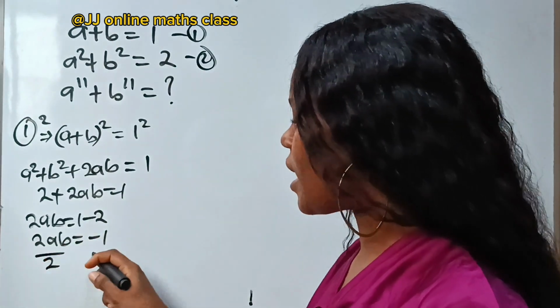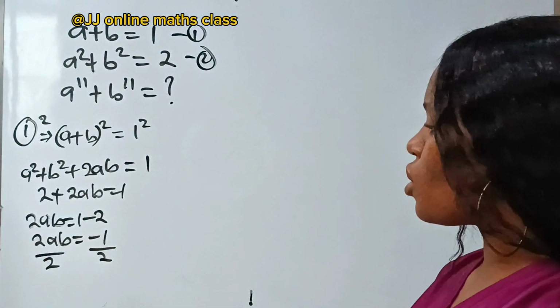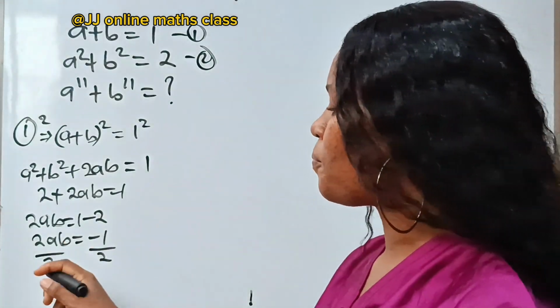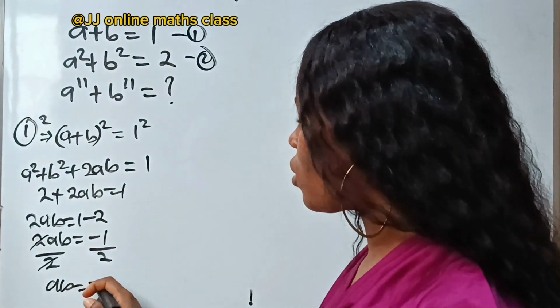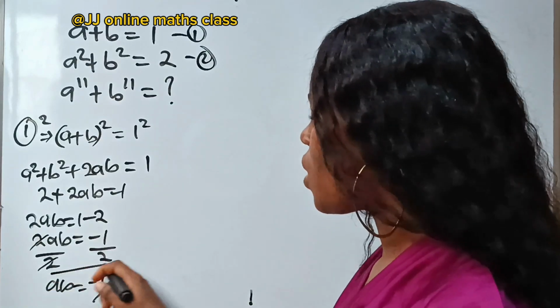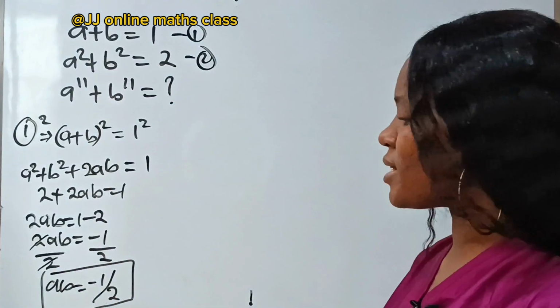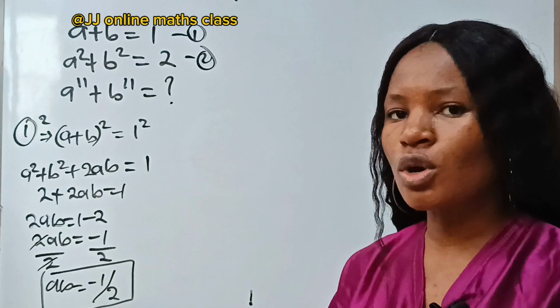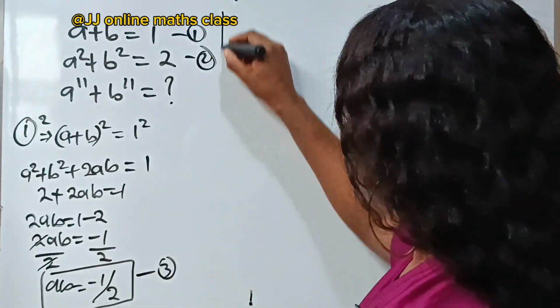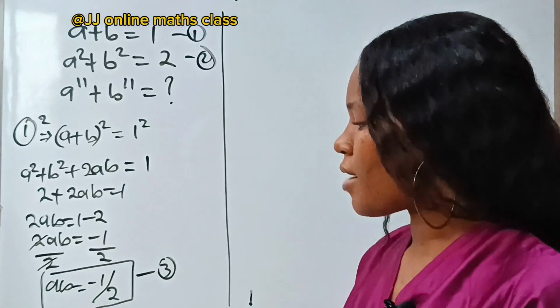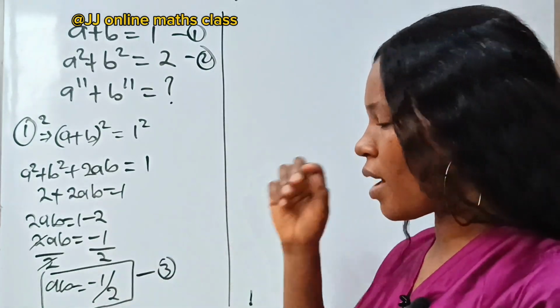Now we divide both sides of this equation by 2, and we are left with AB is equal to minus 1 over 2. This is a very important part of the solution, so let's call this equation 3. We have gotten the value of AB.